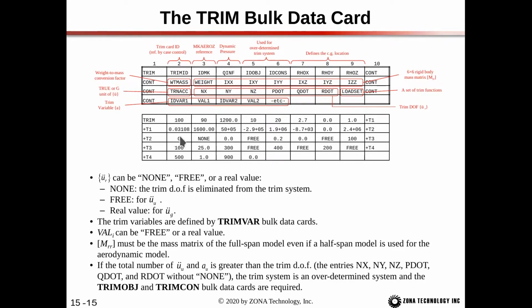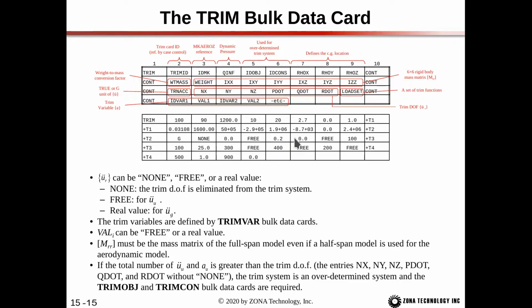And let's see, our trim degrees of freedom, the units are in G's. So NX is none, so we're excluding the X direction. NY is 0, NZ is free, so we're going to calculate what NZ should be. P dot is 0.2, Q dot is 0, and then R dot is free.